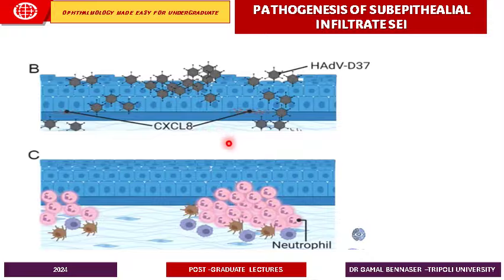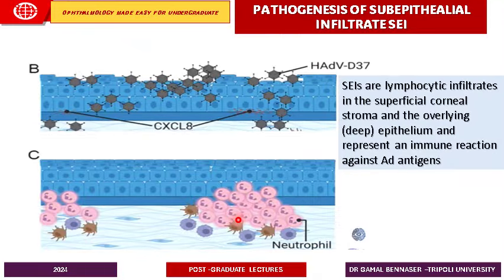And this in turn will attract the immunogenic response of the host, and neutrophils and lymphocytes will come to the location and aggregate initially within the substance of the epithelium, and then can penetrate even the Bowman's layer and beyond, up to the anterior part of the stroma, and hence the name, subepithelial infiltrate. So it is just an exaggerated immunological response to the antigens of the virus.